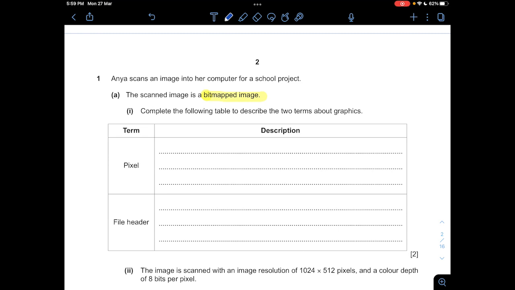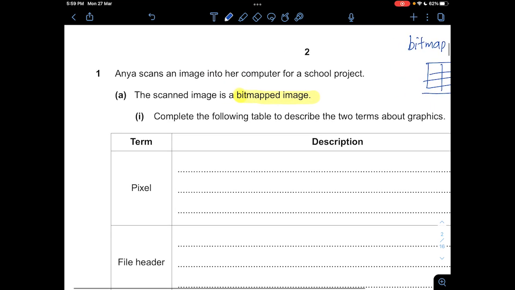So as you know, bitmap images are represented with pixels. So what are pixels? So that's where we need to write in the definition right here. So a pixel is basically a single square of one color.